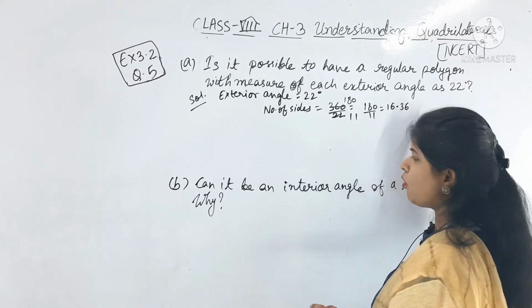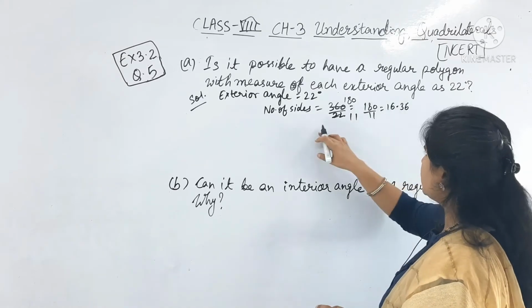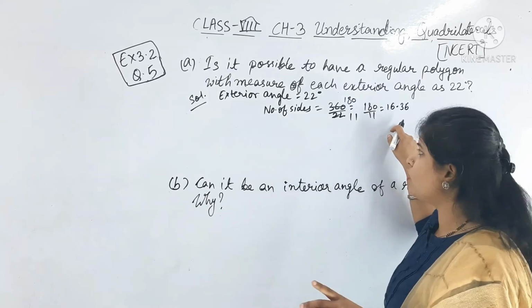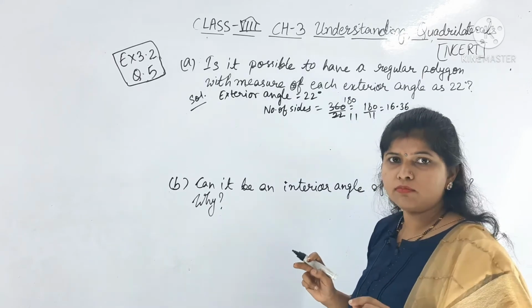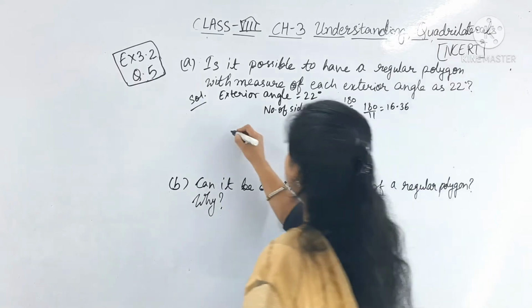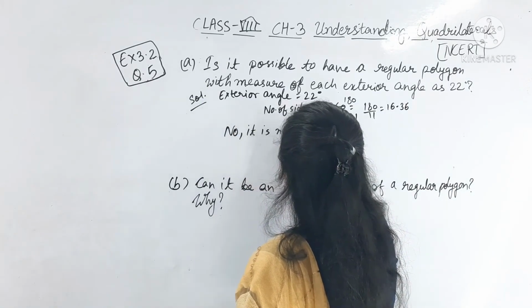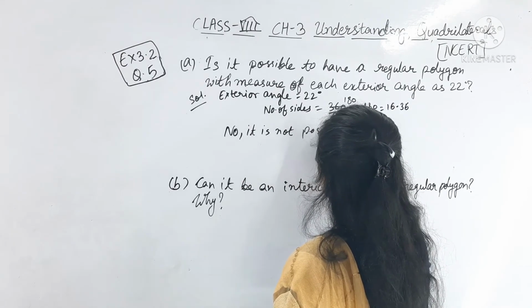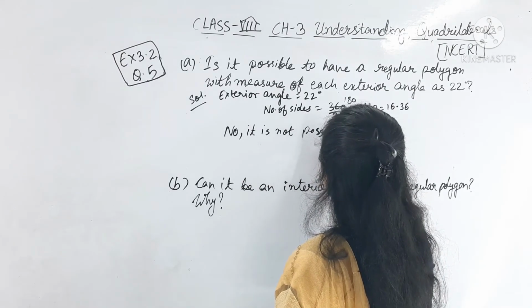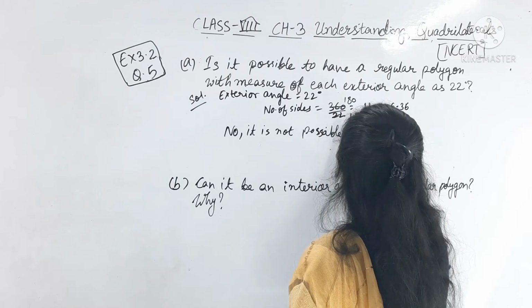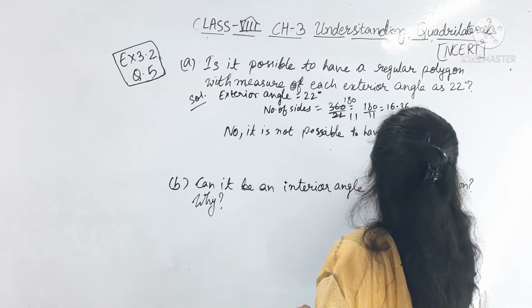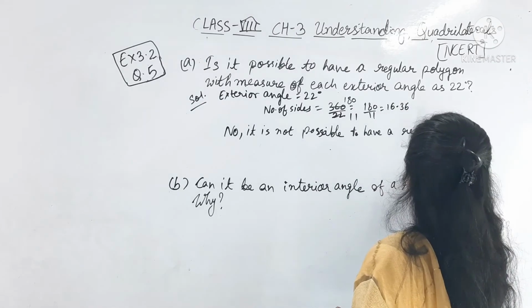And so on, so it is in decimal point. So we don't have the number of sides in decimal. So it is not possible to have a regular polygon.